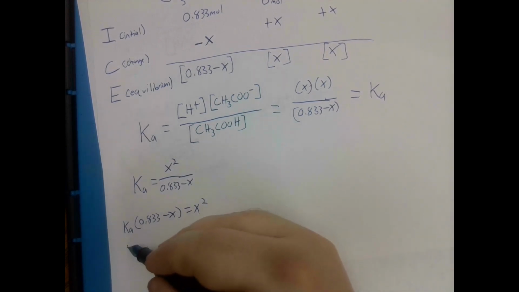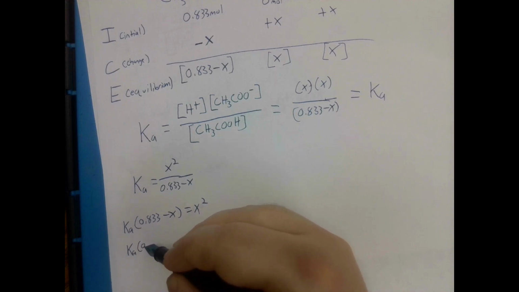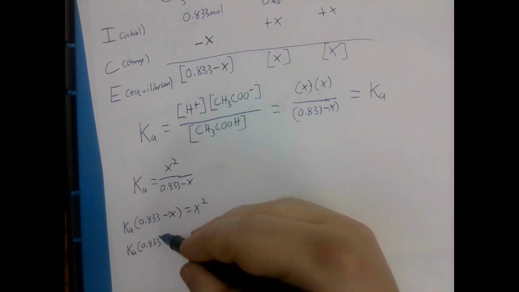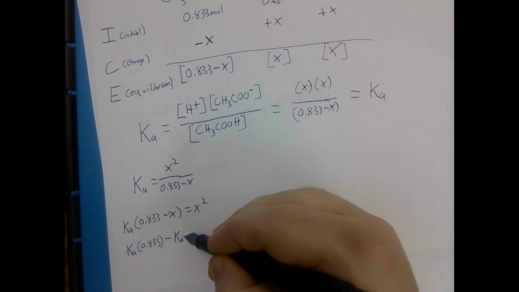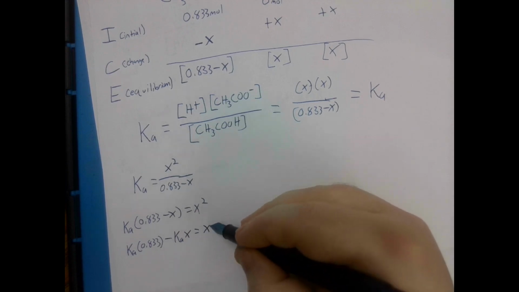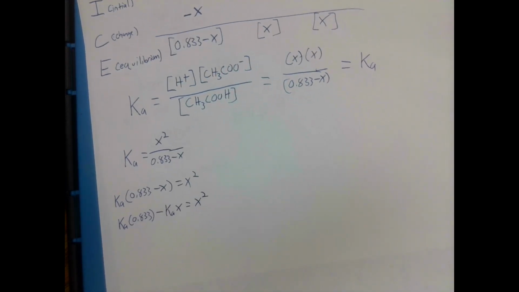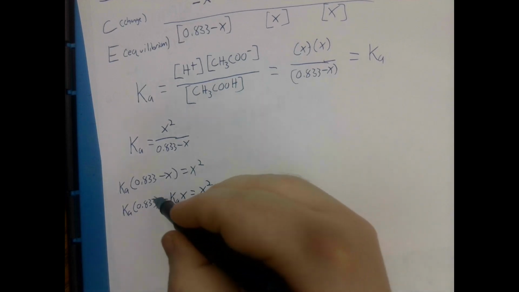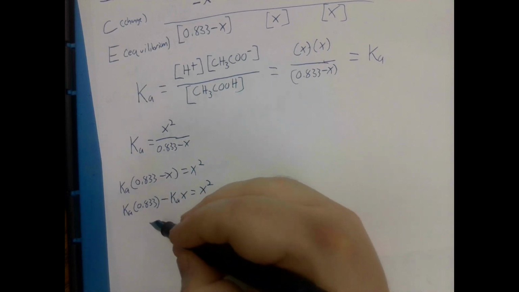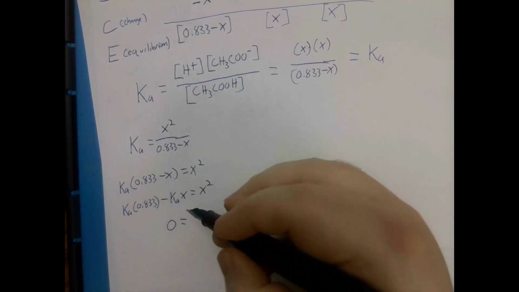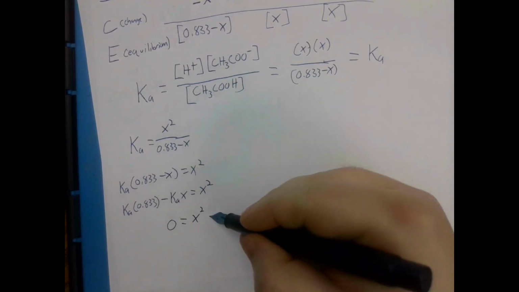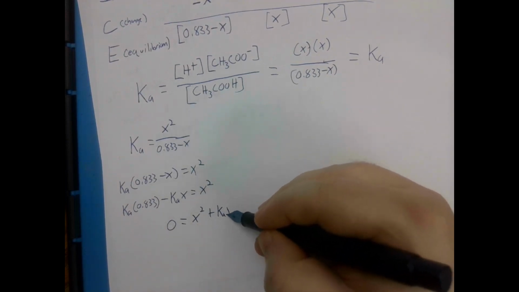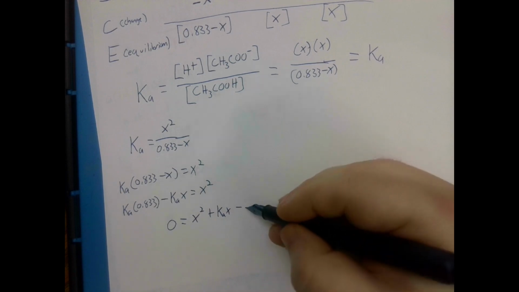Distributing the Ka, Ka times 0.833 minus Ka times x is equal to x squared. Moving everything over to the right-hand side, this will become positive on the right-hand side. That would become negative.